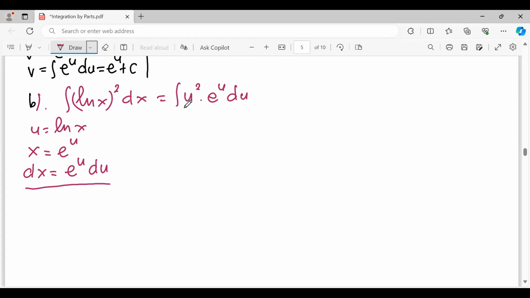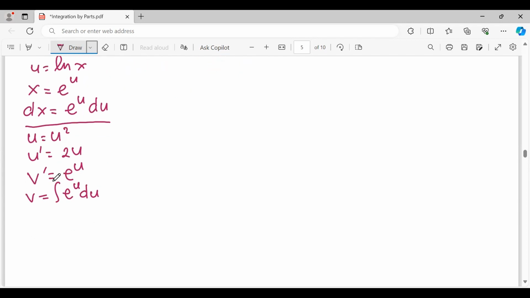So if u equals u squared, so derivative u equals 2u, and phi derivative is e power u, so phi is integral e power u du, equals e power u plus c.